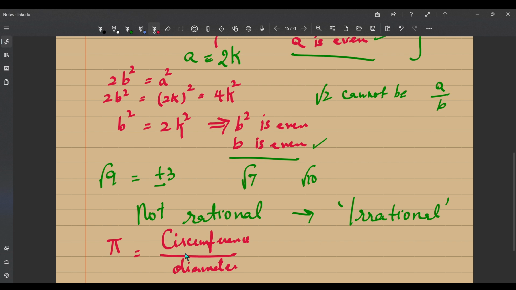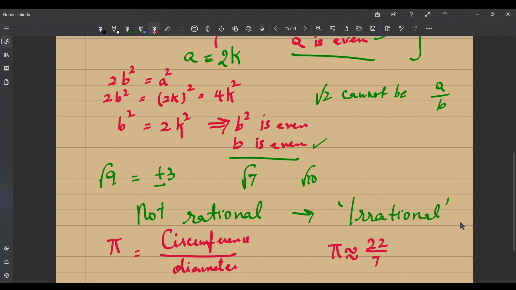So the ratio of circumference by diameter was consistent, and this was called pi, and this was found to be an irrational number. You may wonder that you use pi as 22 by 7 while working out your problems, but let me tell you, pi has been approximated to 22 by 7. It actually cannot be written as a ratio of two integers, but for calculation purposes we have approximated it to 22 by 7.